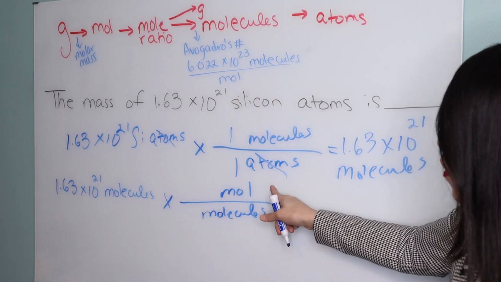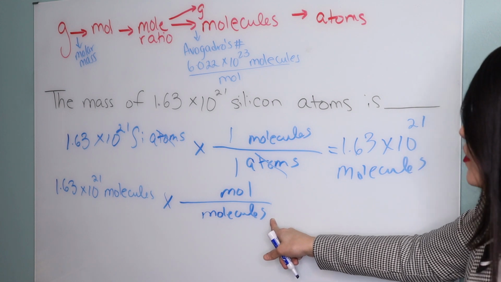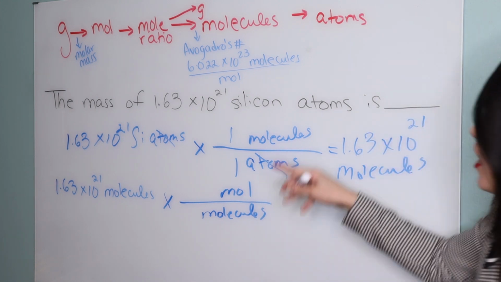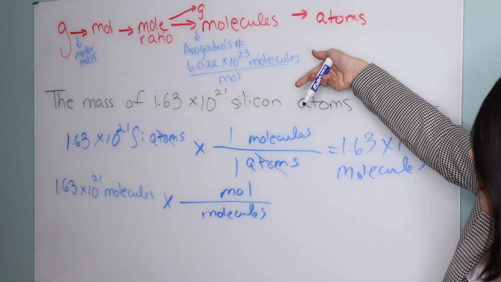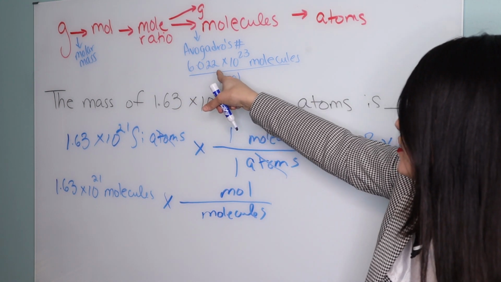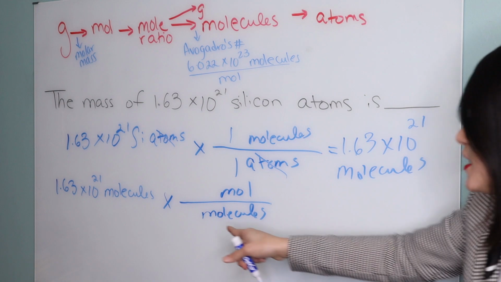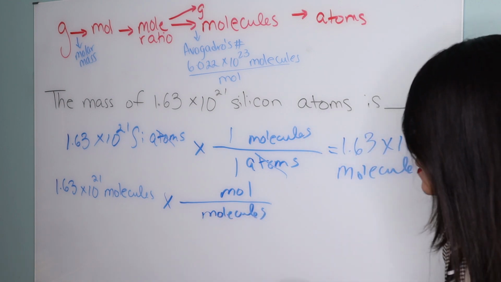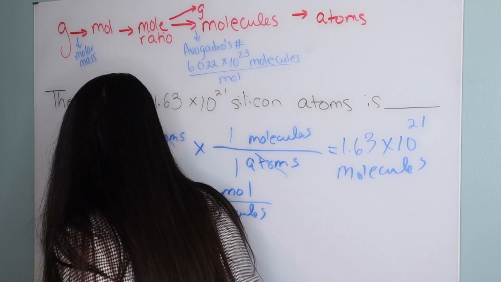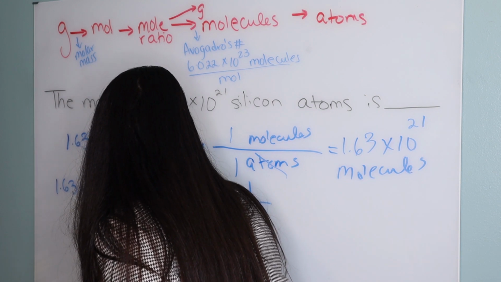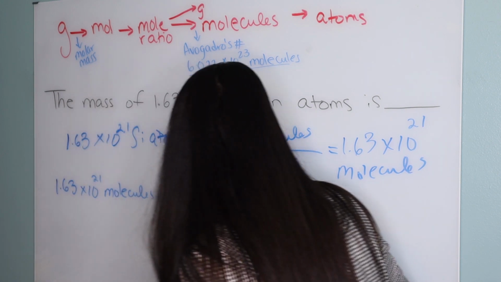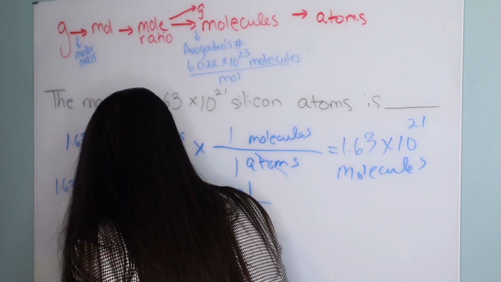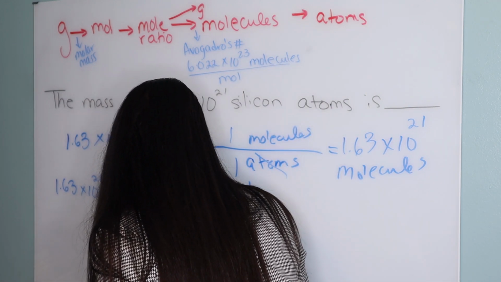What we need is moles over molecules, which means you're going to have to take this fraction and flip it. So the 6.022 times 10 to the 23rd is going to go down here.